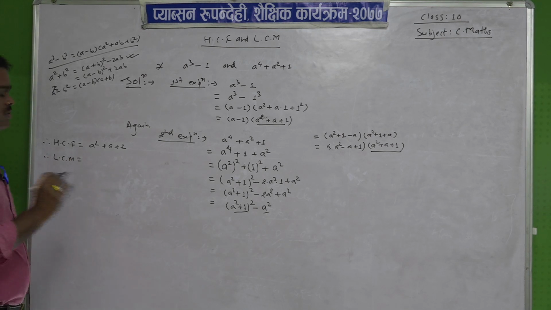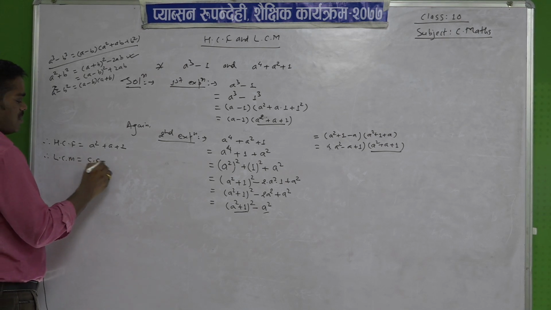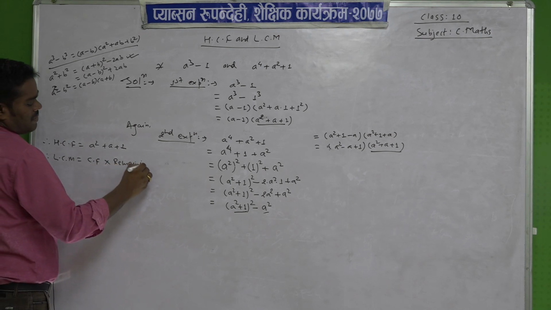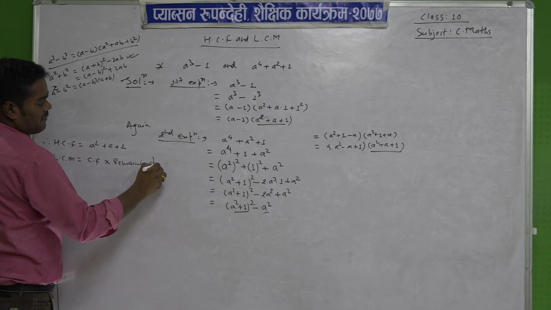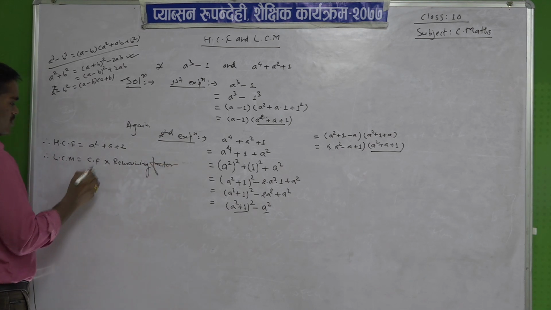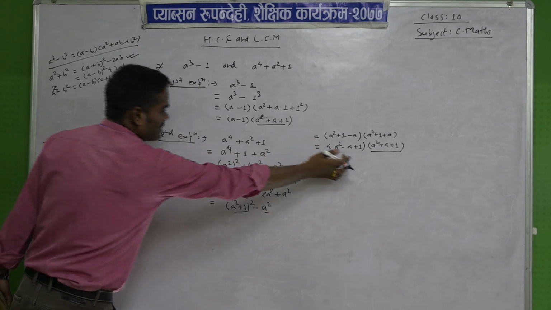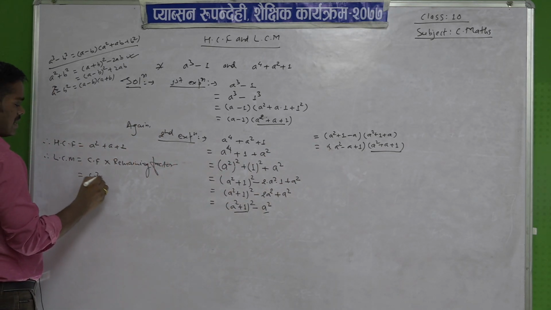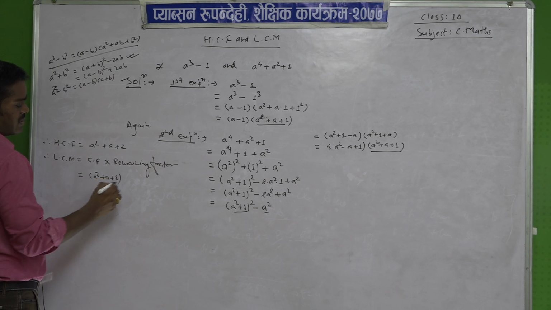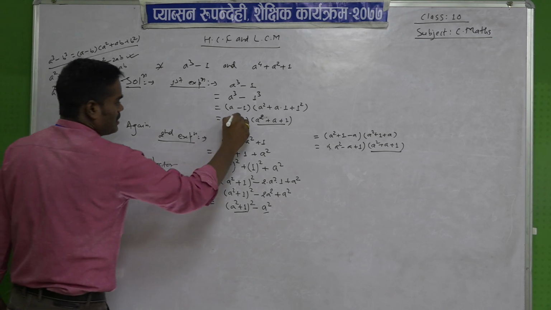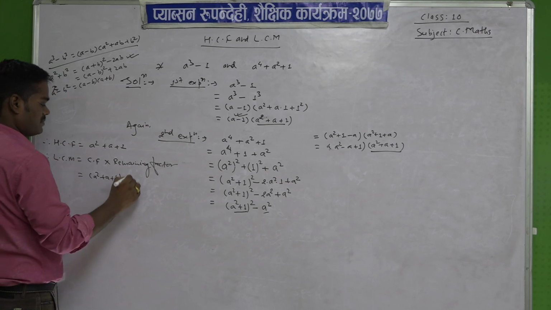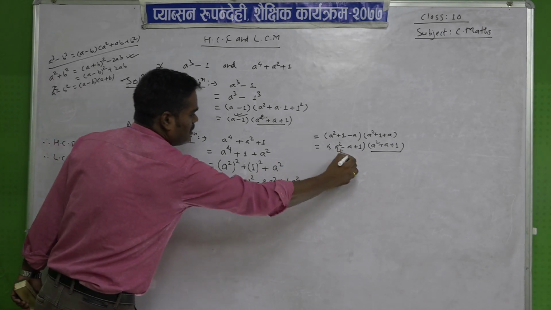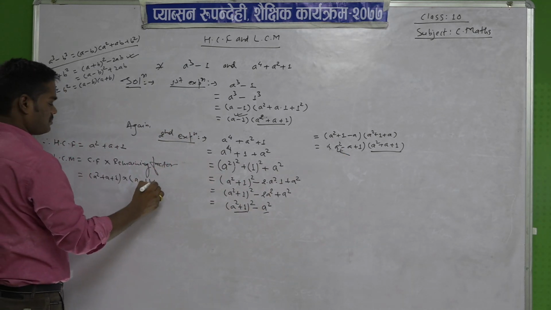LCM means, you know very well, common factor into remaining factor. Here you have already taken the SCF as the common factor. So here a square plus a plus 1 is the common factor, and this one is the remaining factor, present only in the first expression, and this is also a remaining factor.